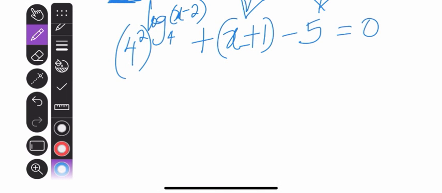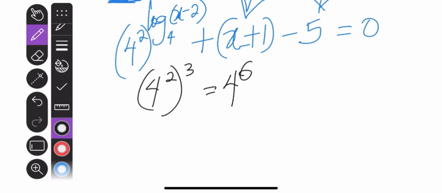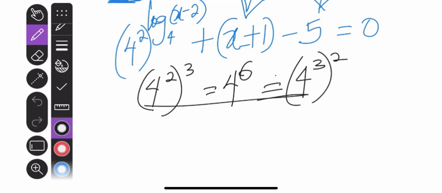Now let's move on. 4 raised to power 2 times 3 is the same as 4 raised to power 6, right? I just want to recall something. This you can also write as 4 raised to power 3 times 2. So all these statements are true. I want to interchange that first term there, that's why I'm doing this.